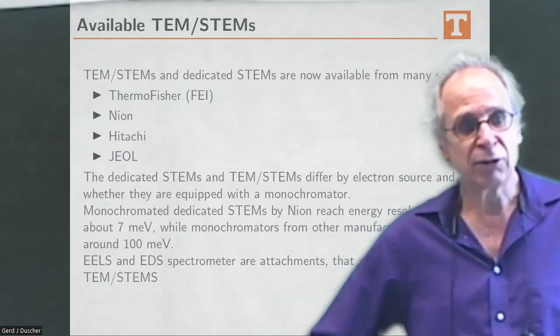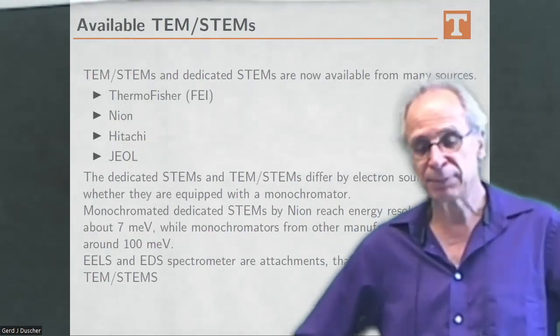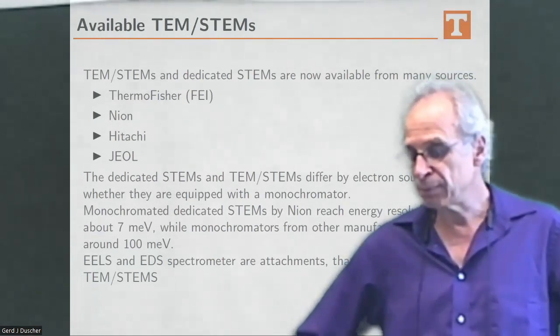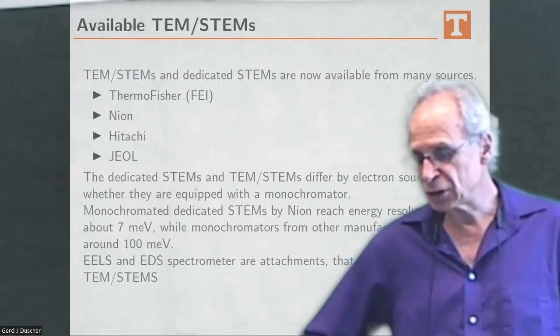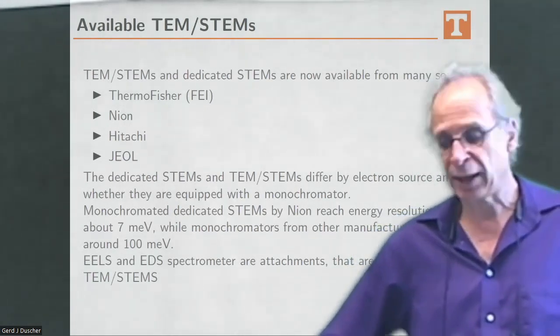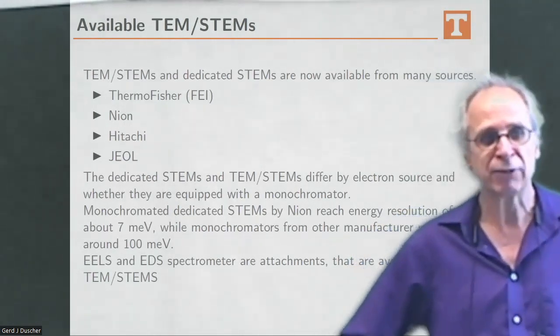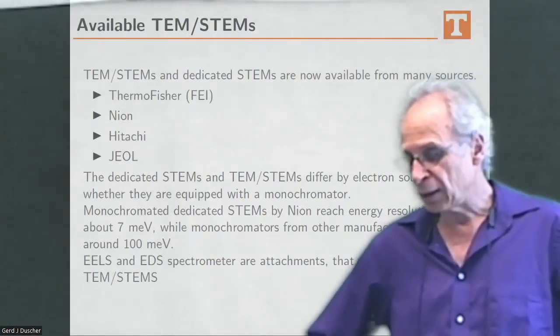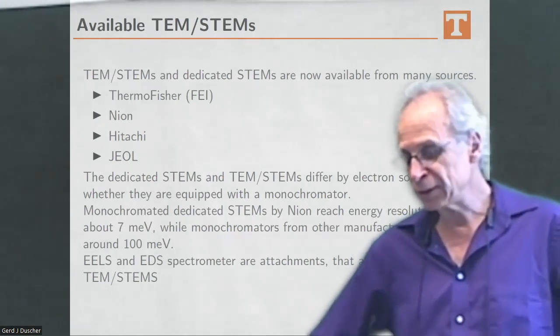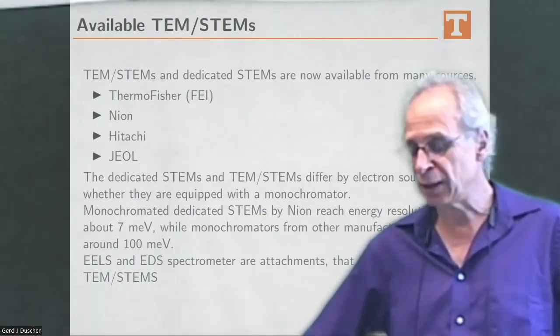Another key ingredient are monochromators. Thermo Fisher and JEOL both have monochromators, but they have it for Schottky emitters, and Nion has them for cold field emitters, at least at this point in time.